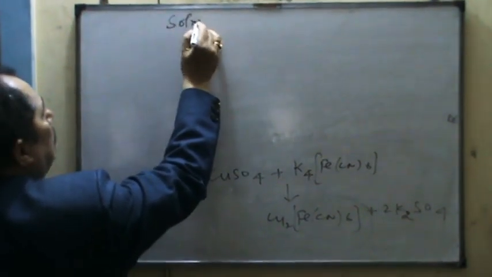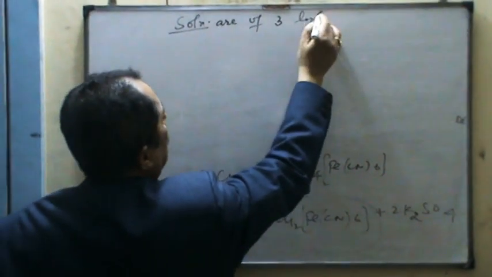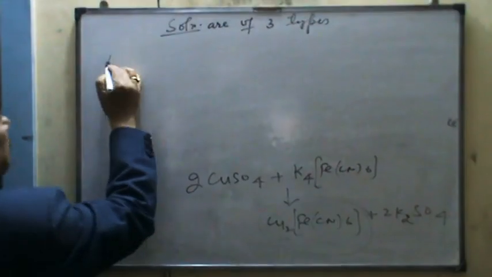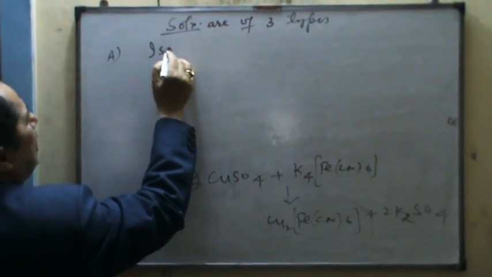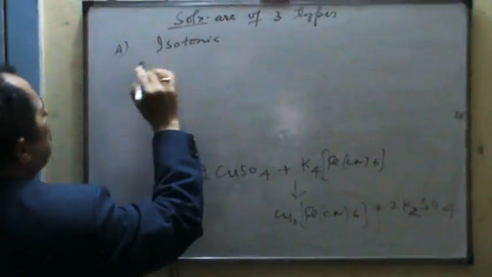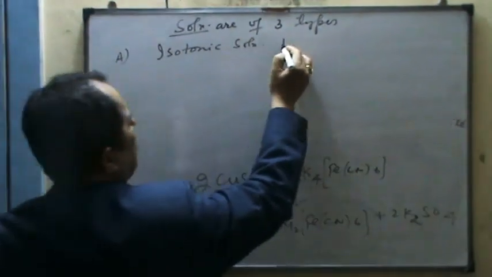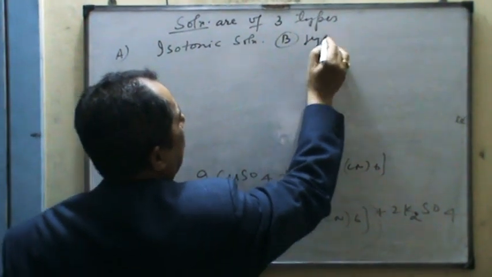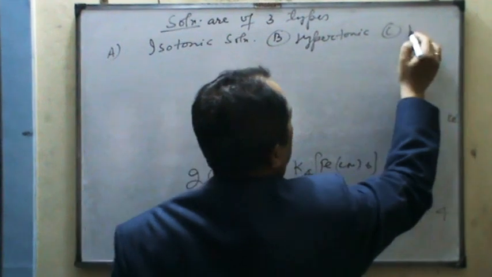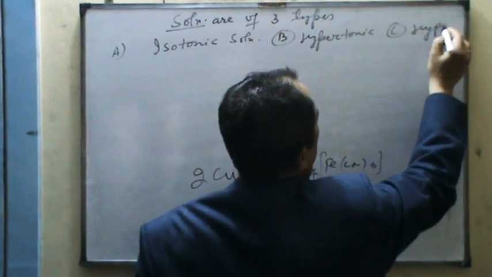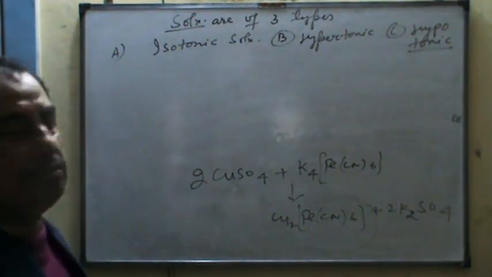Based on this semi-permeable membrane, solutions are of 3 types. First is the isotonic solution. Second is the hypertonic. Third is the hypotonic solution.